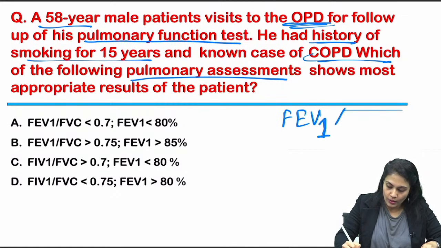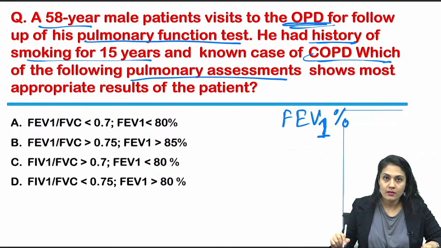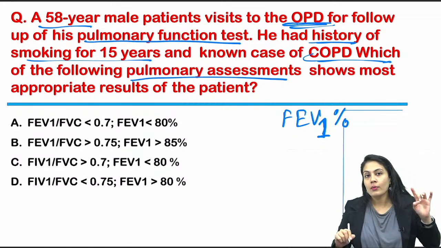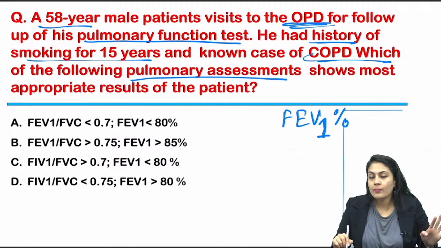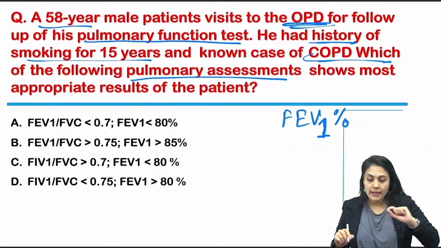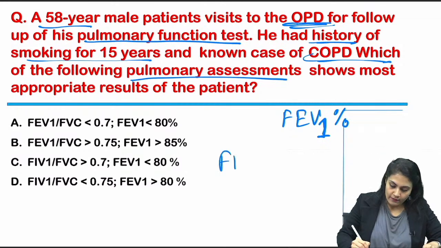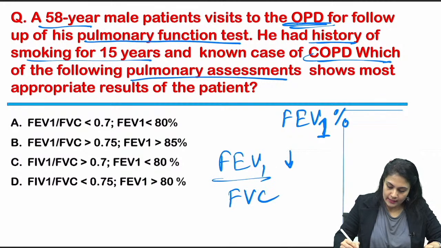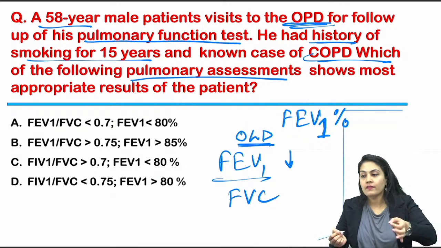When we are old, everything is decreased, right? So this index, nowadays they are asking its name also, so please remember the Tiffeneau-Pinelli index, that is FEV1 upon FVC. The numerator is decreased in obstructive lung disease, right?